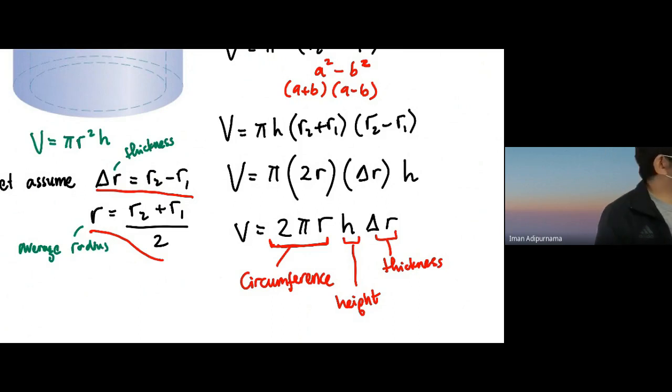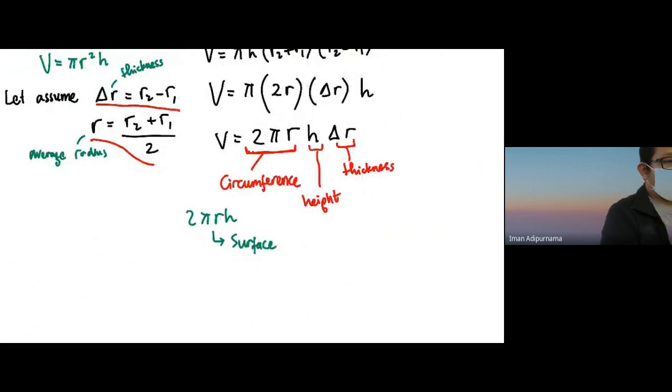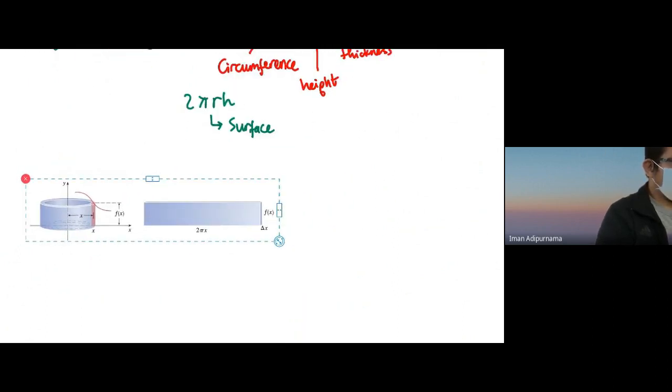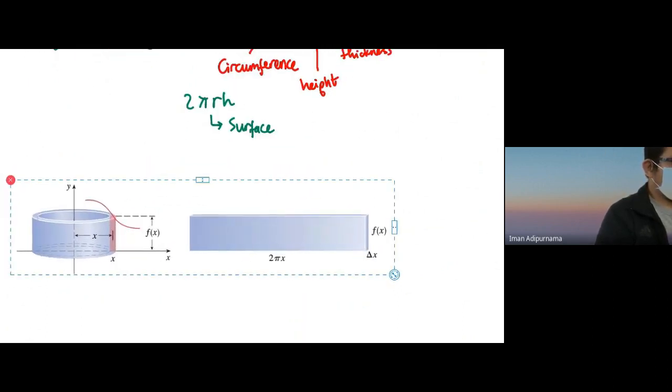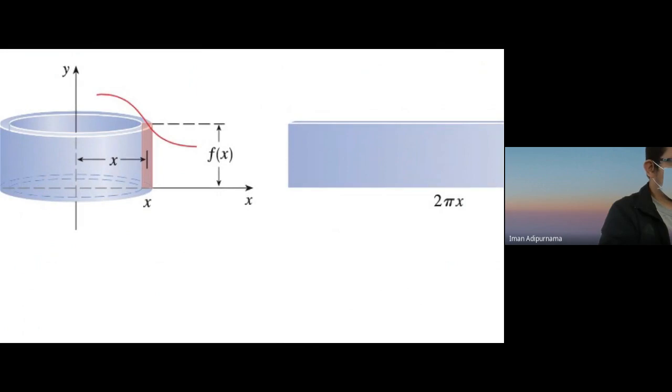Or you can also say that this 2 pi rh is what we call here the surface. So if we cut this, let me just explain this first, and let's go back to the first page.